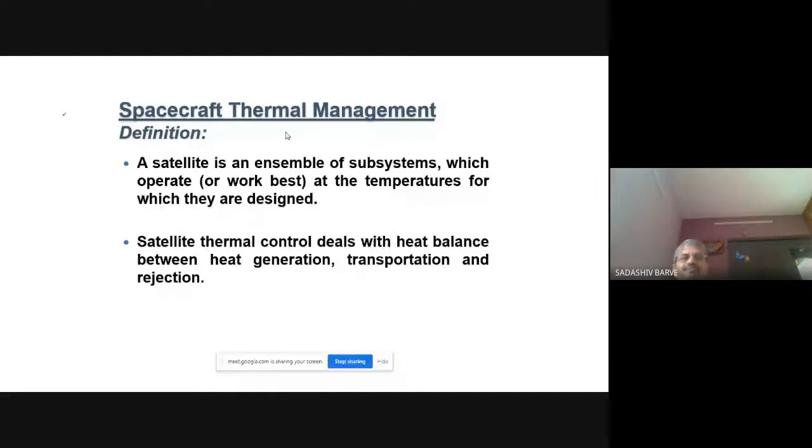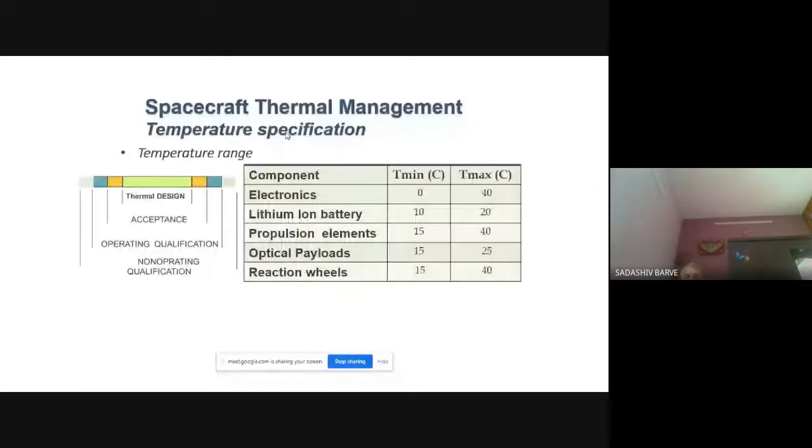Now, just now I was telling you that most electronics packages, for example, work very efficiently in the range of 0 to 40. But the best range for them is room temperature, like what we experience at our home, between 15 to 25, or 20 to 30.